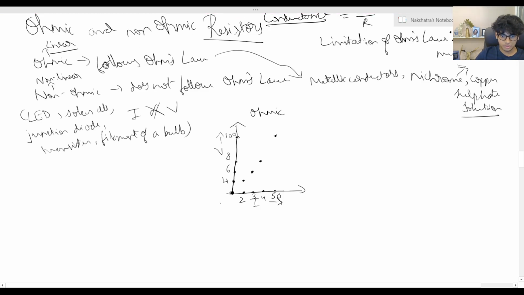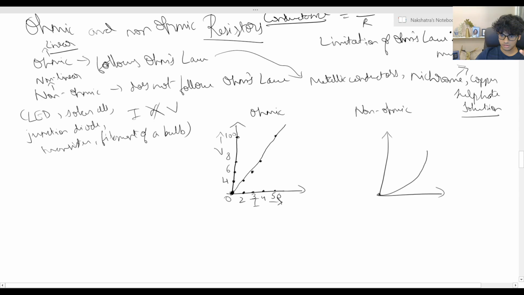I will find that this line will always be a straight line which will pass through the origin of the graph. Origin of the graph is 0, 0, right? For an ohmic resistor, this will always be a straight line, whereas for a non-ohmic resistor, my VI graph will look something like this.